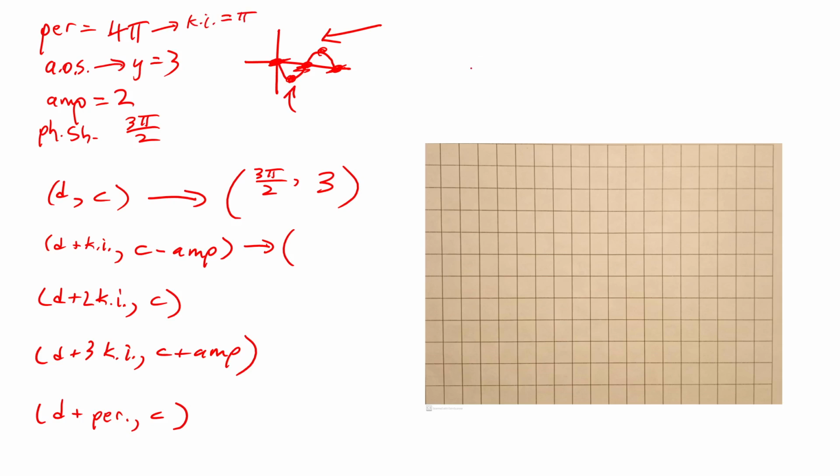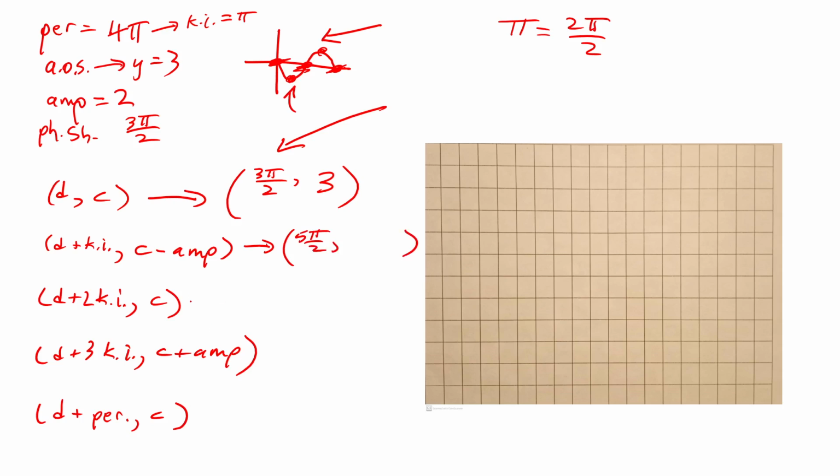Well, we're going to call pi 2 pi over 2, so that it's easy to add to this 3 pi over 2 here. So when we say what's d plus a key interval, we're saying 3 pi over 2 plus 2 pi over 2, we're getting 5 pi over 2.